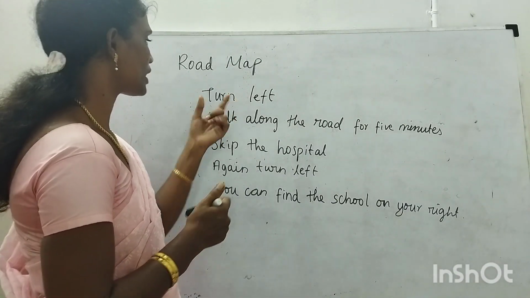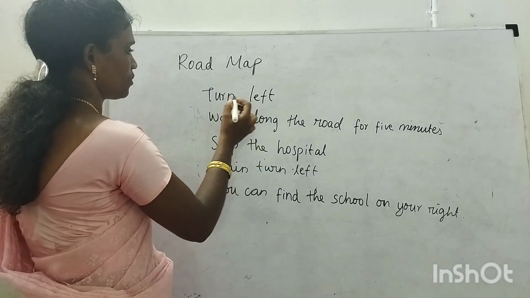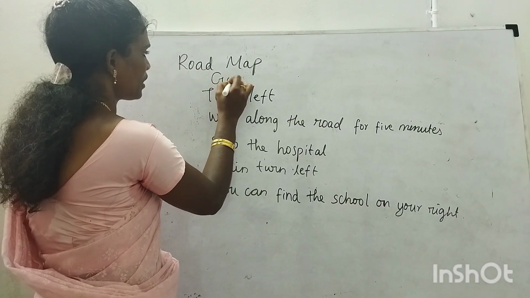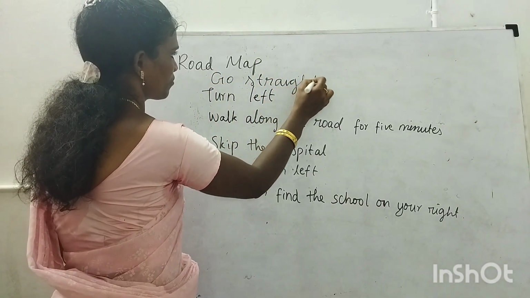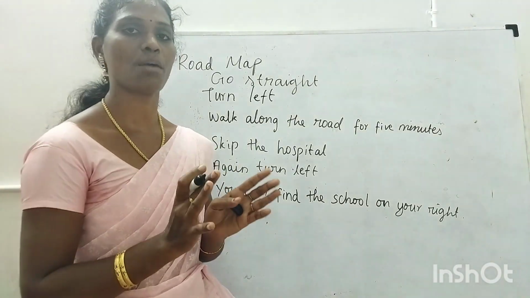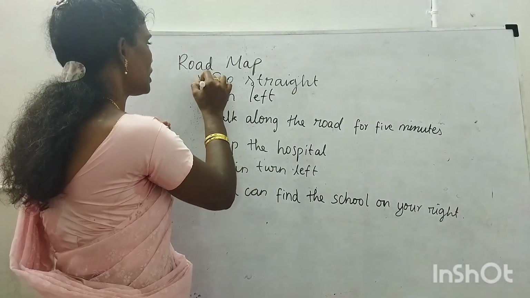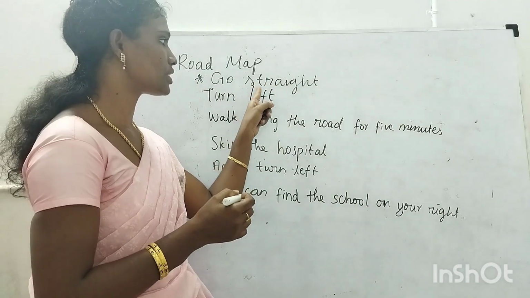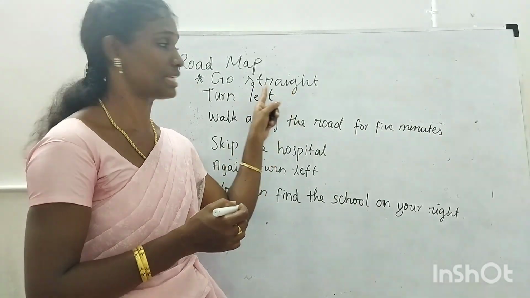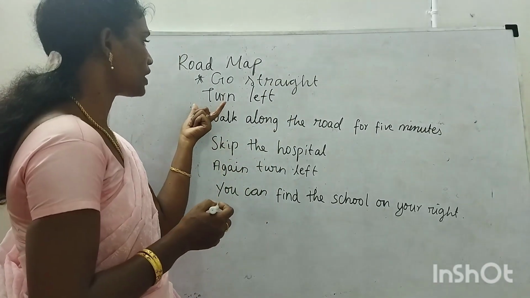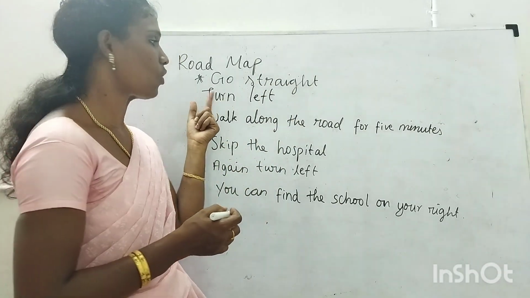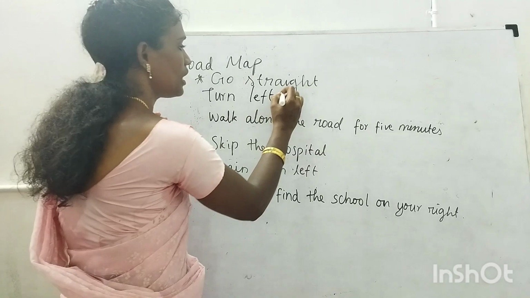First you can say go straight. Whatever the diagram may be, the first point you can say is go straight. And the spelling is very, very important: S-T-R-A-I-G-H-T. Go straight. Then you can say turn left or else turn right.